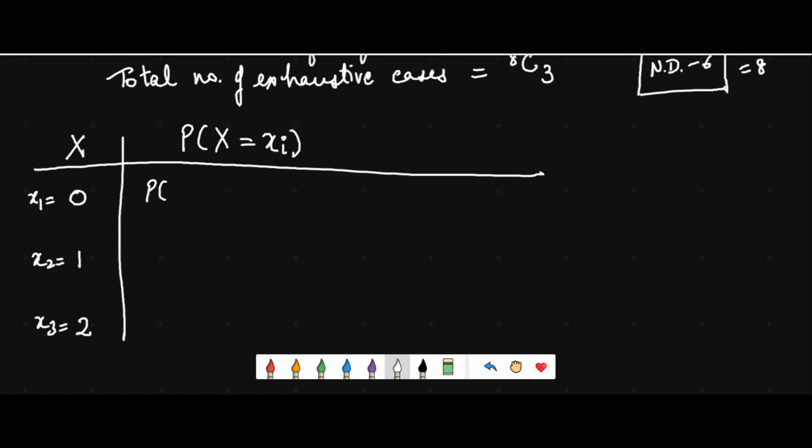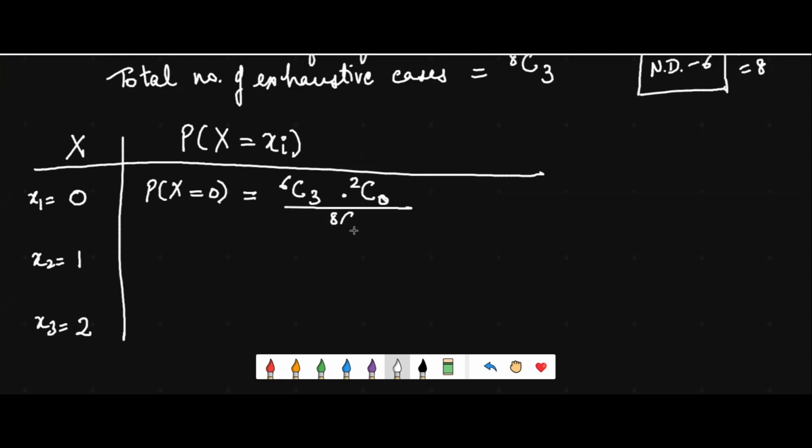So P of X equal to 0. This means that there is no defective article. So all of the 3 items that you are selecting are non-defective. So how to calculate its probability? It would be 6C3 multiplied by 2C0. This depicts the non-defective articles. It is 0.